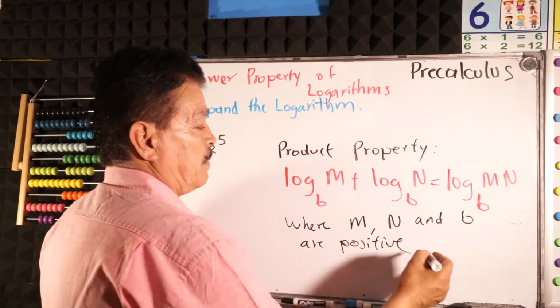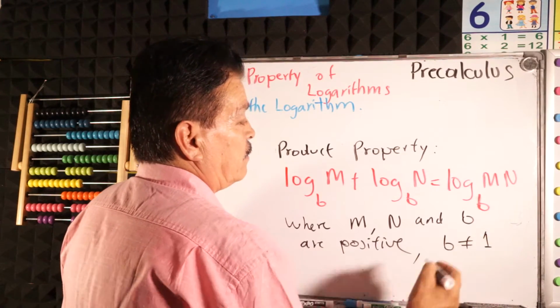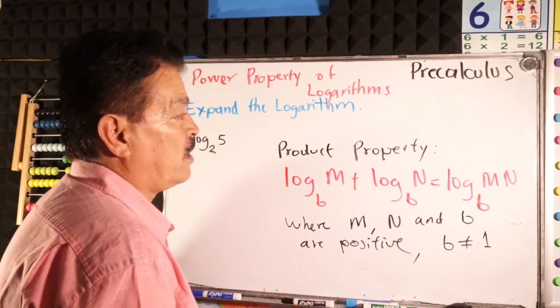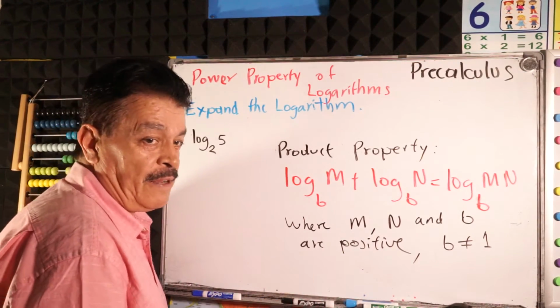Also b is different from 1. Okay, this is another rule that I already taught you. This is the product property.